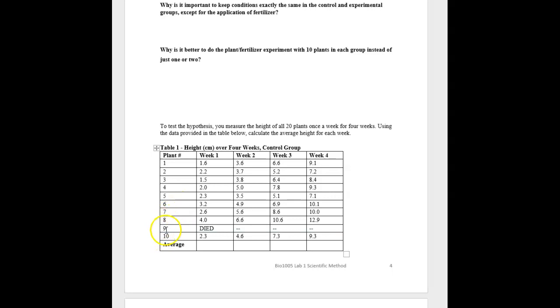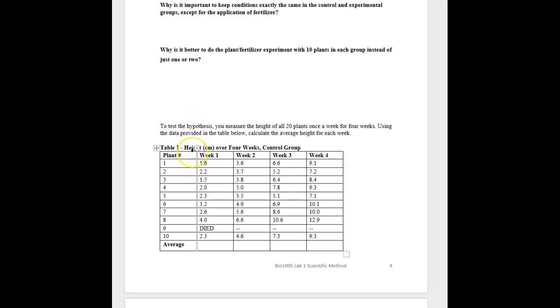So if we had used only that one plant, we might come to the conclusion that without fertilizer, plants die, but that would be incorrect. So if we increase our sample size, we're going to have less effect by outliers, and we're going to have greater statistical accuracy.